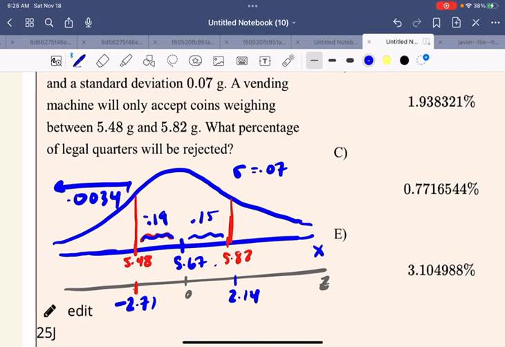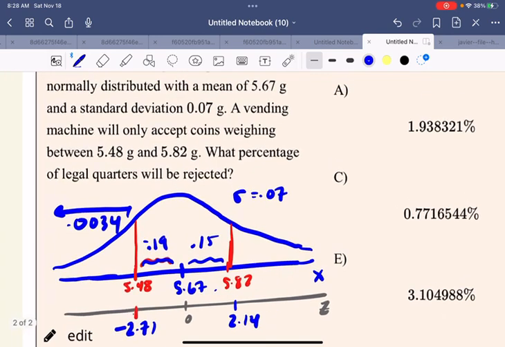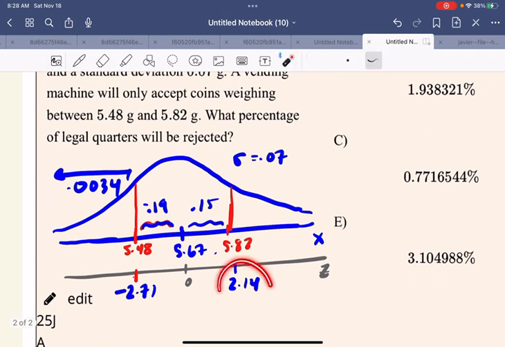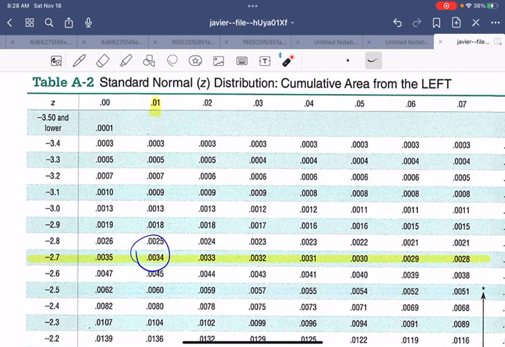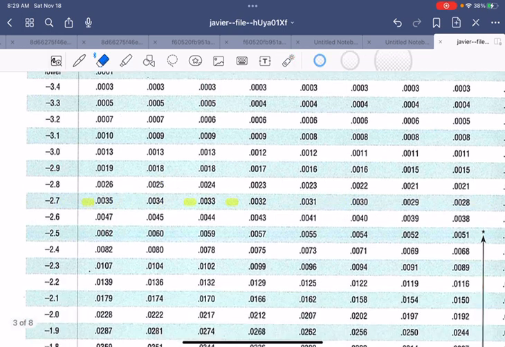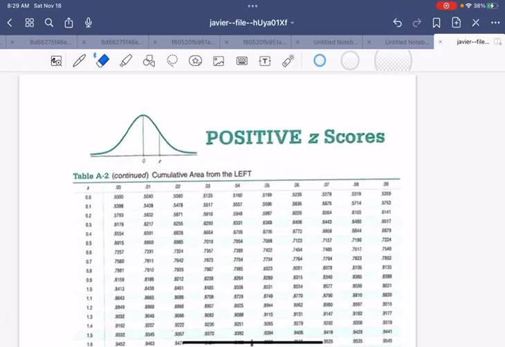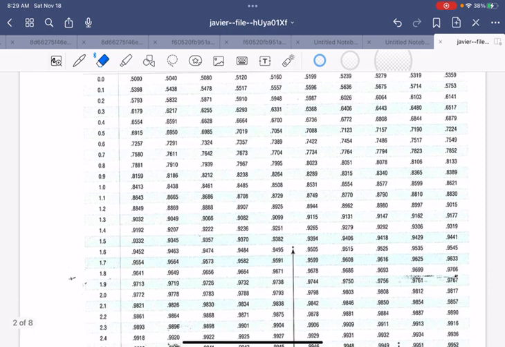So the area to the left of here is 0.0034. Now this guy over here, I'm going to look at this z-score, and the table will tell me how much area is to the left of here. So if I look up 2.14, this is the row that I look at, and this is the column, 2.14. Forget about the negative values; I want the positive ones, 2.1.